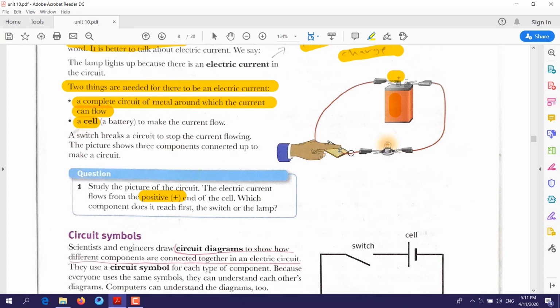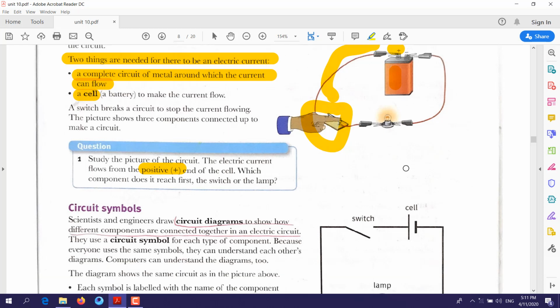So which circuit component will it reach first? The switch or the lamp or bulb? The answer, of course, is the switch, because it moves in this direction. It goes first to the switch, and then if the switch is closed, it will pass to the lamp.